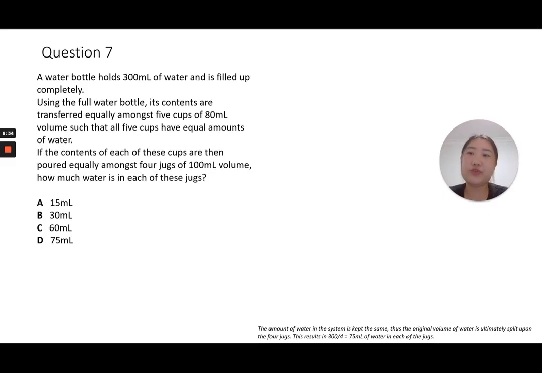Okay, 7 is an interesting one. So we have a 300 milliliter water bottle, and then we are transferring it equally among 5 cups, and then we're transferring each of those 5 cups equally into the 4 jugs of 100 ml volume. These volumes are actually there to trick you, and the reason being, no matter how big these cups originally are, the amount of water that we have is limited.